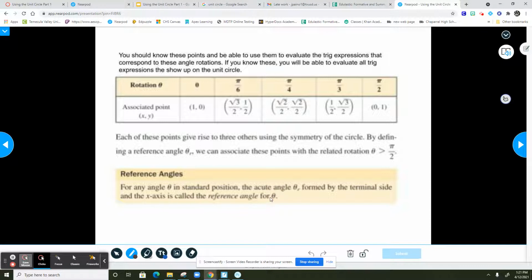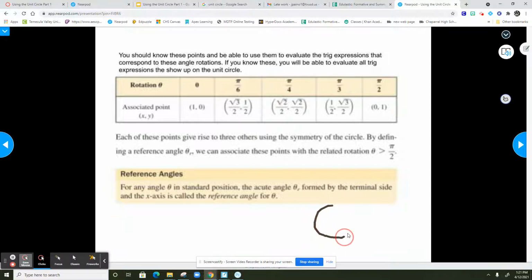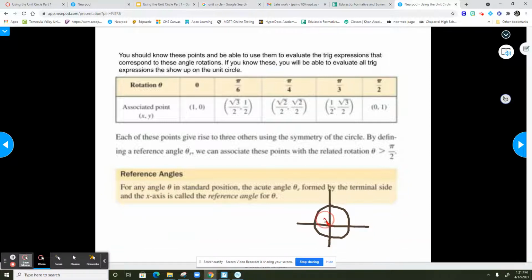So let me try to draw that out here for you guys. Don't have a lot of room here, but if we have the unit circle, and we have the angle in standard position.